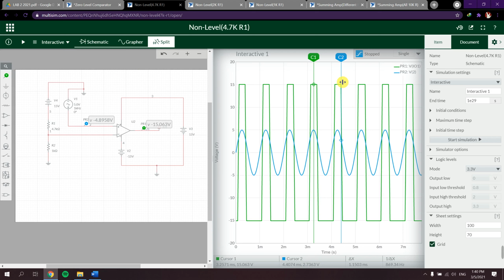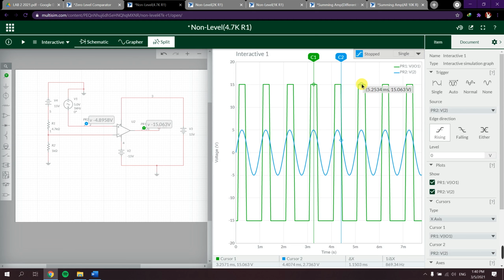After I did the simulation, I got a voltage reference of around 2.73, which is close. Whenever it reaches here, as you can see, the square wave goes from positive maximum, which is 15 volts, to negative maximum, which is negative 15 volts, because the V reference is at 2.63, or 2.73 in this case.